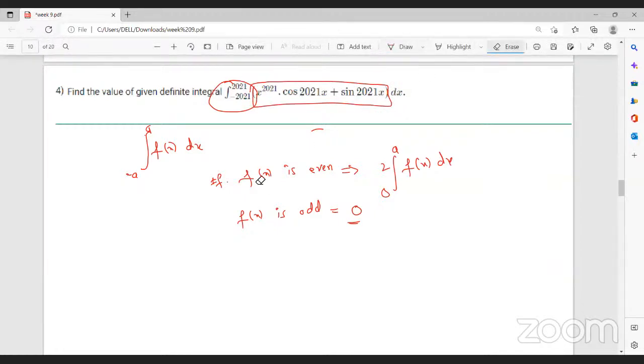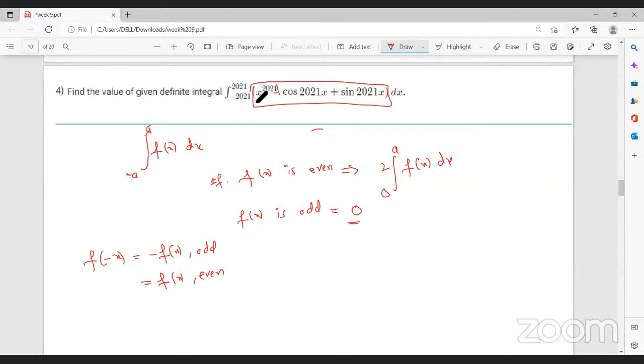Now just check whether this particular f of x is an even function or an odd function. How to check? If I replace x by minus x in f of x and I get minus f of x, then it is an odd function. If I get f of x, then it is an even function. Now I put minus x here. This is an odd power, 2021, so it will be negative.